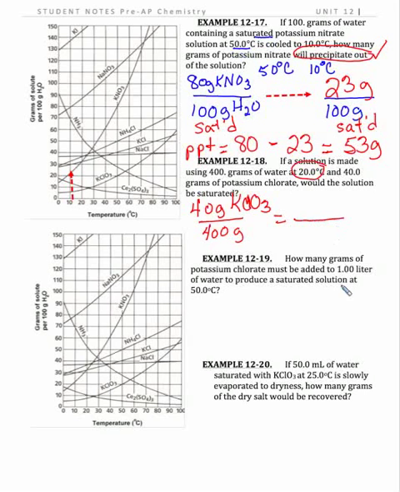Well, I can't read on this chart saturated for 400 grams. I have to translate this into a per 100 grams. So I would have to solve for X here. And I find that X is equal to 10 grams of KClO3.